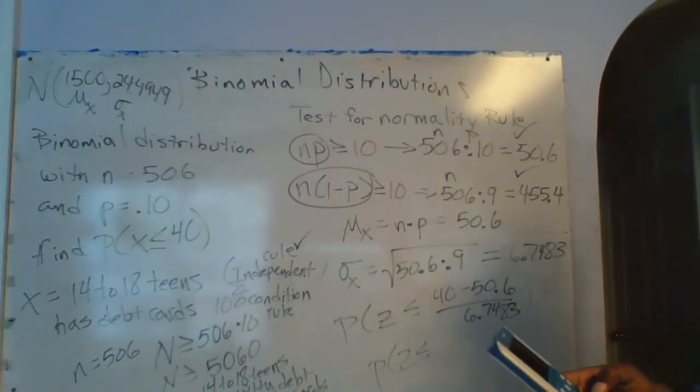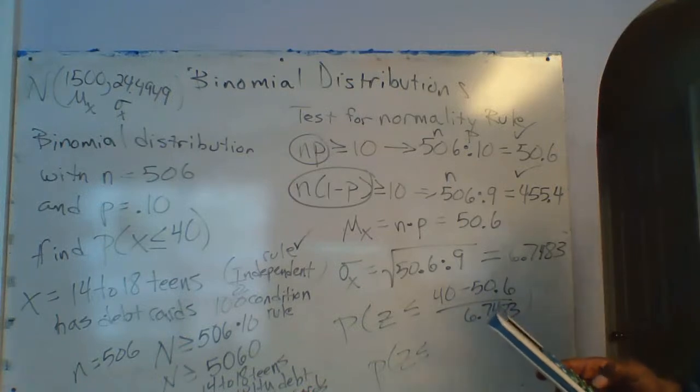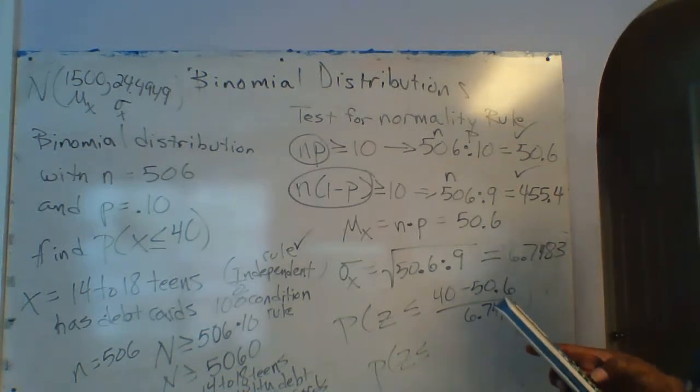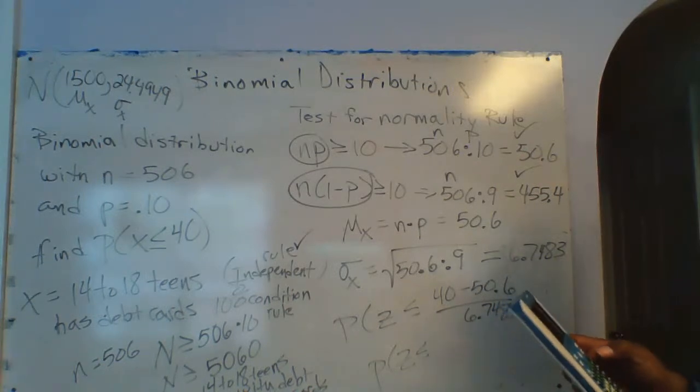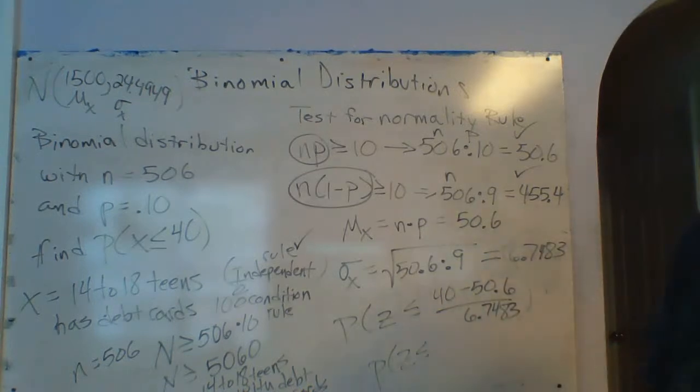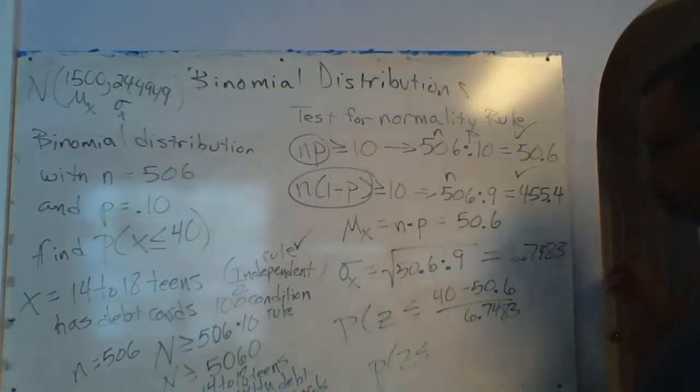Okay, now we want to find, so we got 40 minus 50.6 divided by 6.7483. So now that's going to give us a negative 1.57.